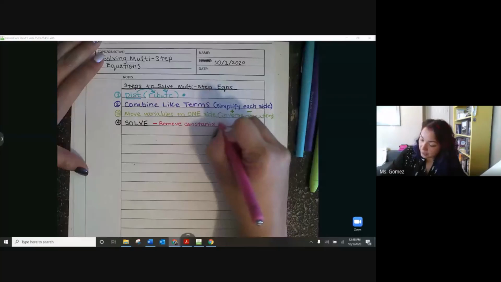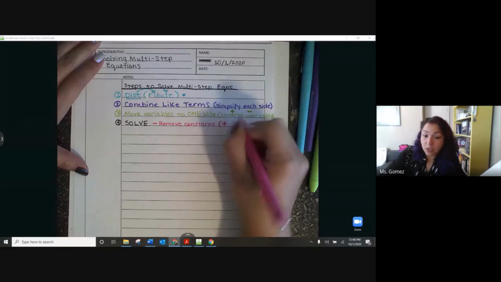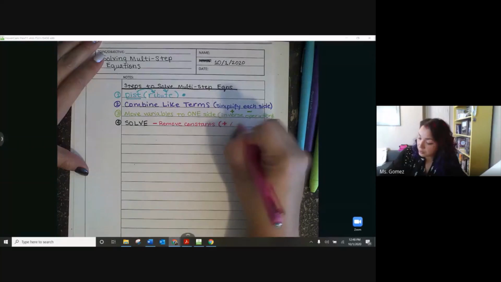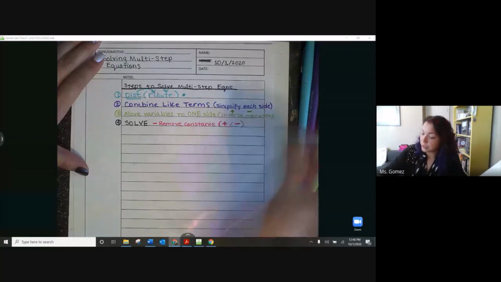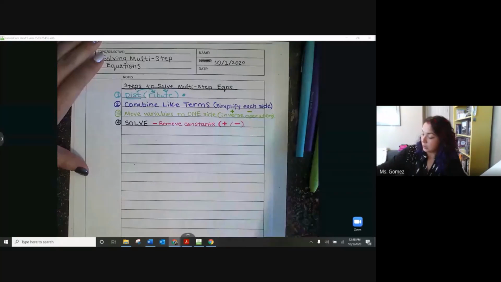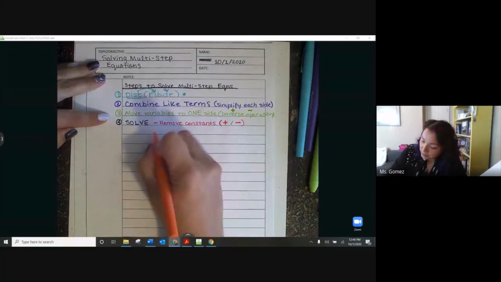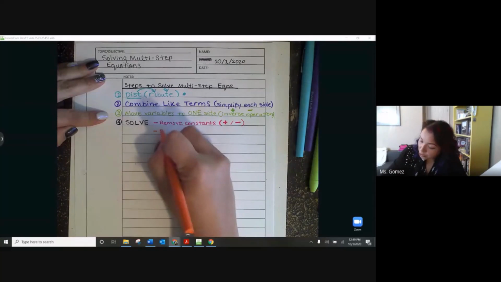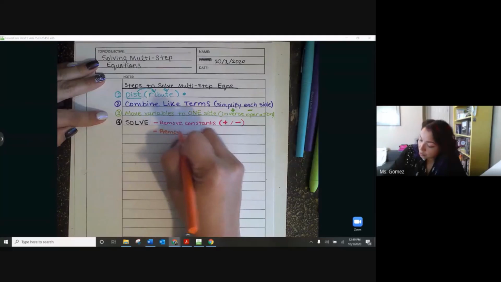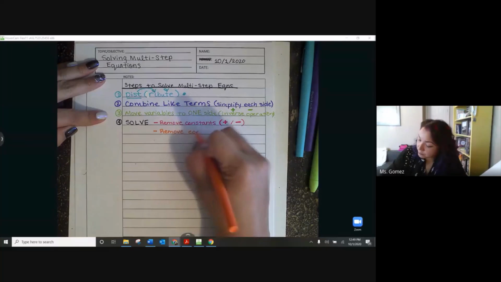And don't forget that that's where we used addition or subtraction. Again, we're using inverse operations. And then after we removed the constants, we then moved on to remove coefficients.